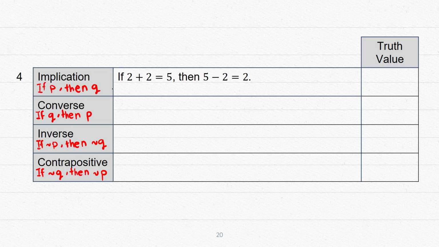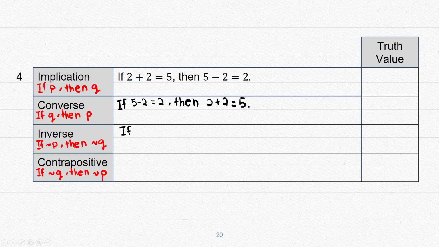What is the converse for this one? Can someone say the answer? I will write it down. If 5 minus 2 is equal to 2, then 2 plus 2 is equal to 5. Good. How about the inverse?